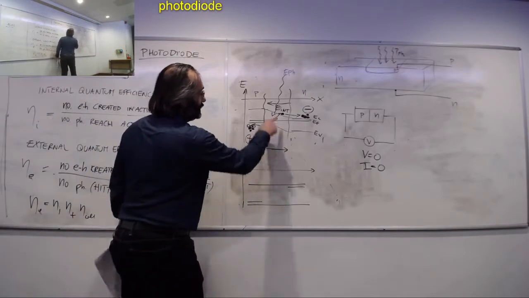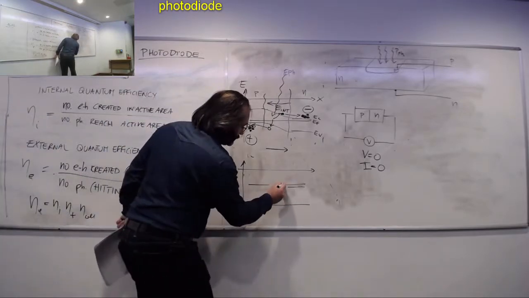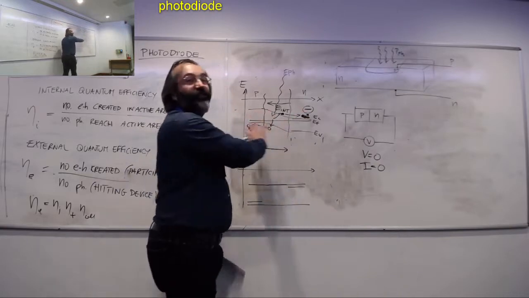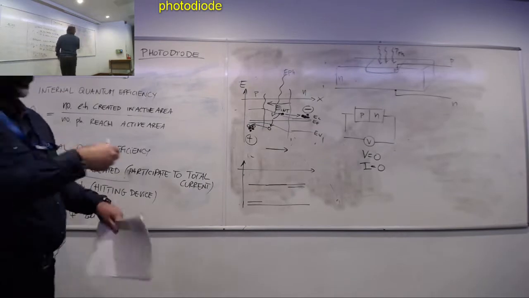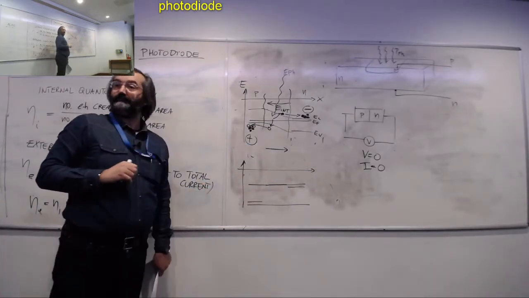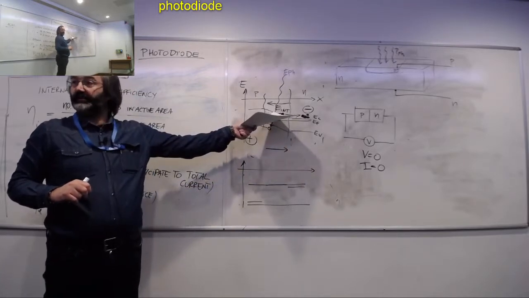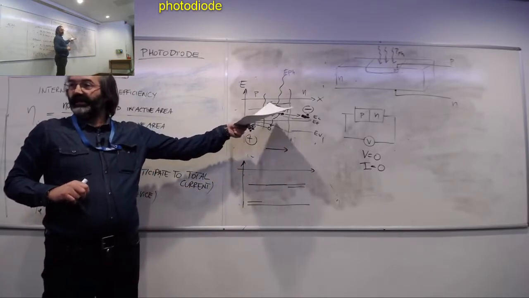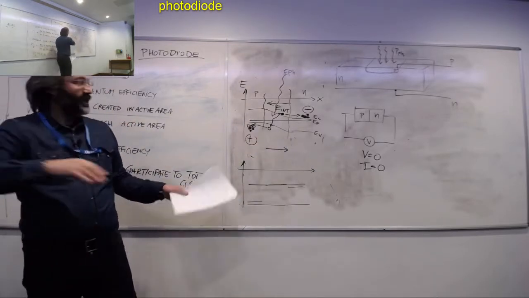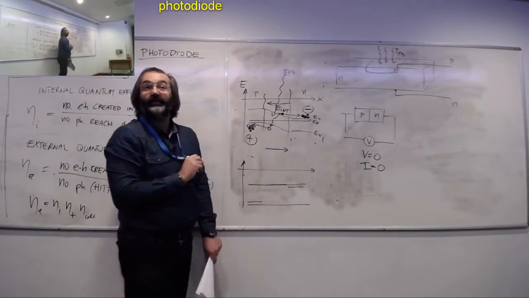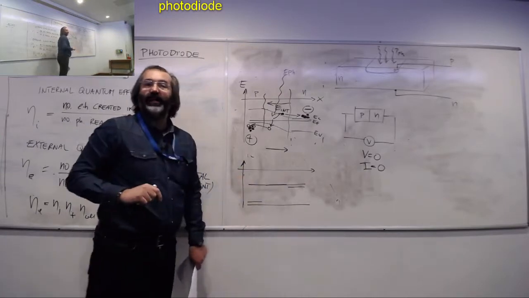When this field and this field become the same, there is no more field internally in the PN junction. So the bands are flat. I've counteracted completely the effect of the internal field. And we know the internal field is the one responsible for the non-flat shape of the conduction band or the valence band.